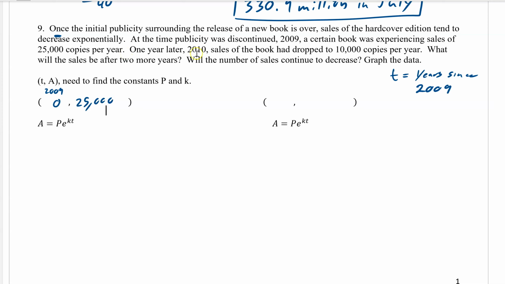One year later, it had dropped to 10,000. Now, what will the sales be after 2 more years? They want to know 2010 plus 2 years, so they want to know 2012.